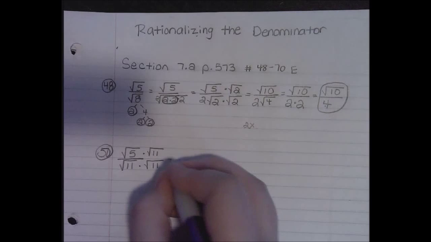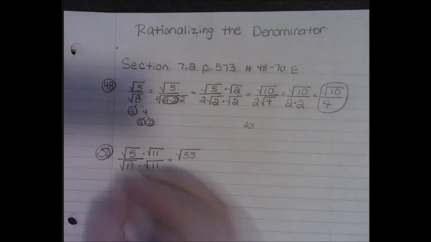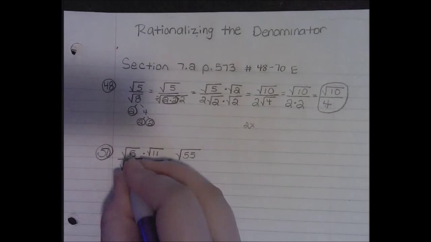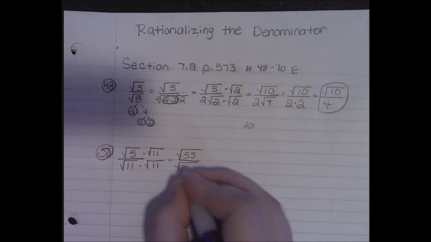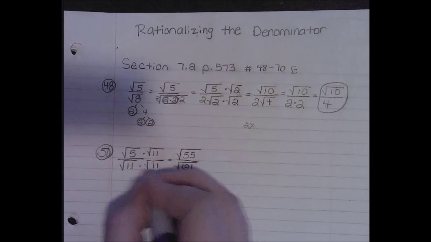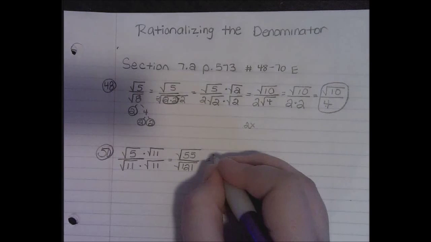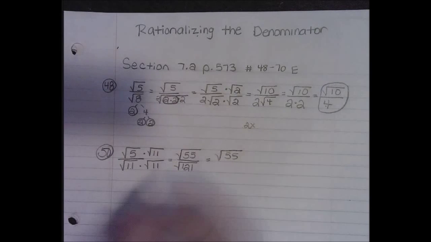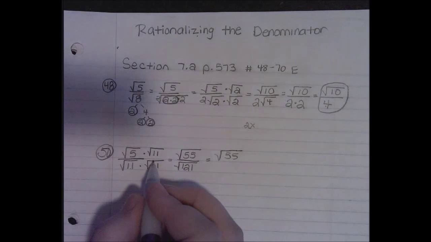By doing so, that will give us the square root of 55, because 5 times 11 gives us 55, and we can do that because they're both under the radical, over the square root of 121, and we get that by doing 11 times 11. Then 55 does not break down, because if we look at the two numbers we multiplied to get 55, were 5 and 11, which are both prime numbers.